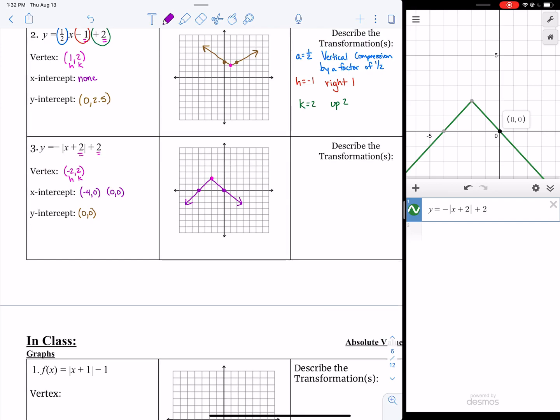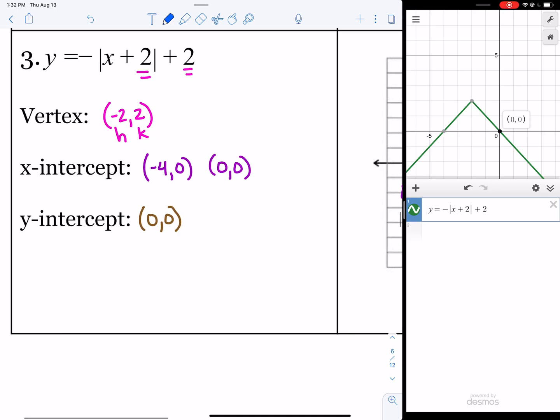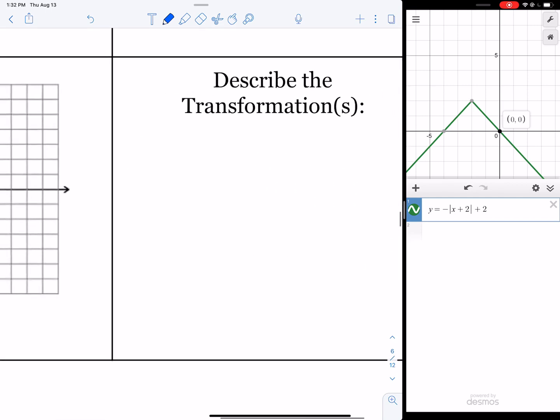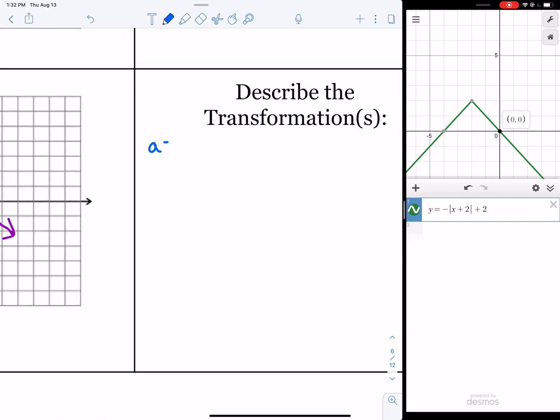Okay, so let's describe our transformations, starting with A. A, in this case, is negative, and there's an understood 1. That's your A value. So A is -1. We would say that that reflects over the x-axis, and you can tell it's reflecting because the function is facing down. But remember, it's a better way to say it when we say it reflects over the x-axis.